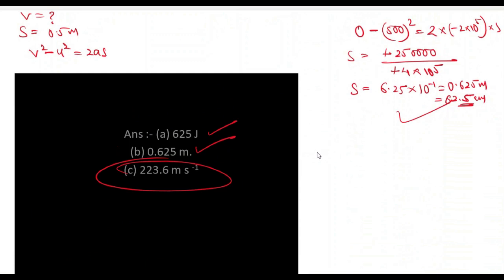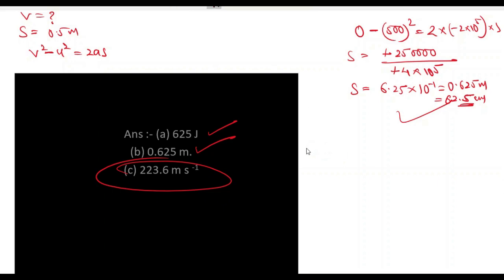V square. Okay, so V square is 0. V square is not 0. V square is unknown. See what I'm writing.